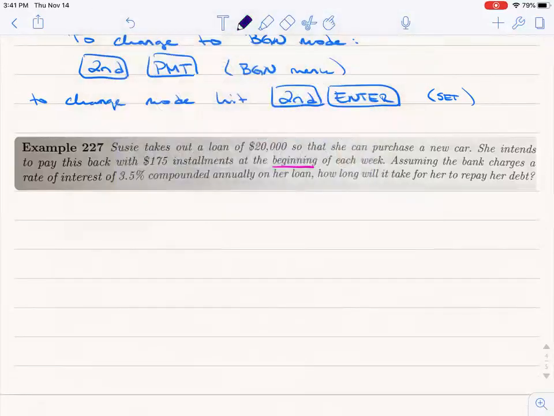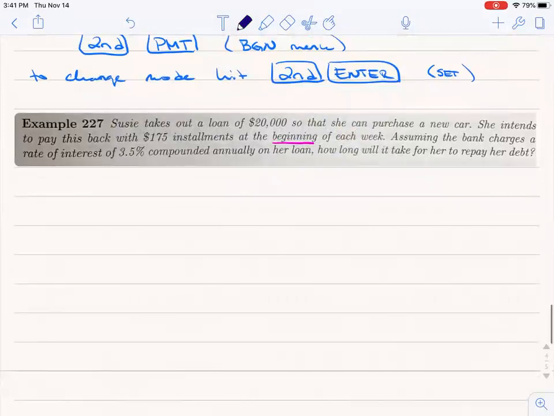So same thing as always, right? I'm going to start by figuring out what my compoundings per year are, compounded annually. So my F1 is 1. And my payments per year are weekly, so 52 is my F2.